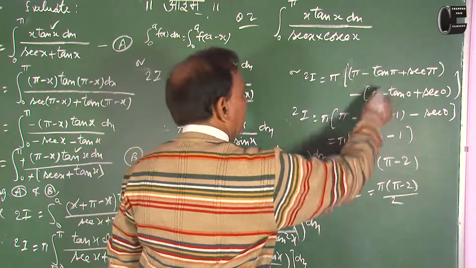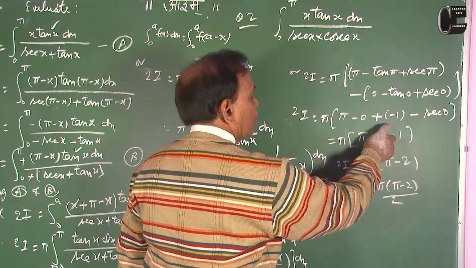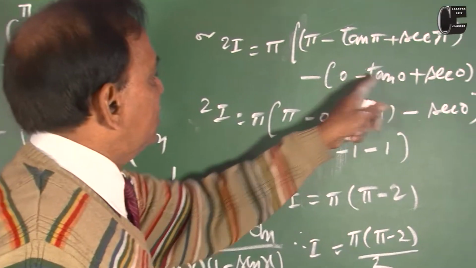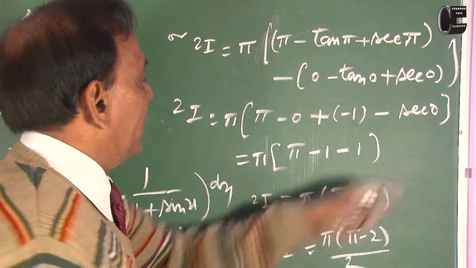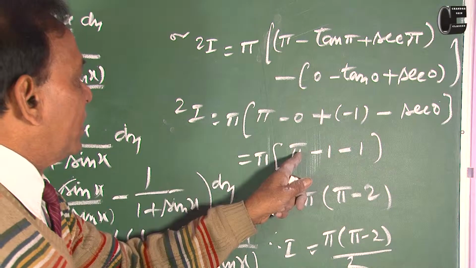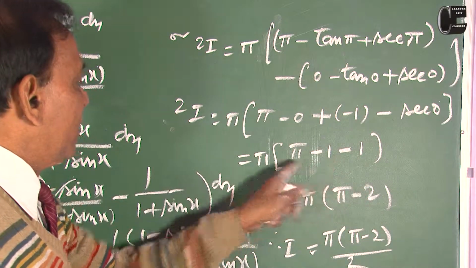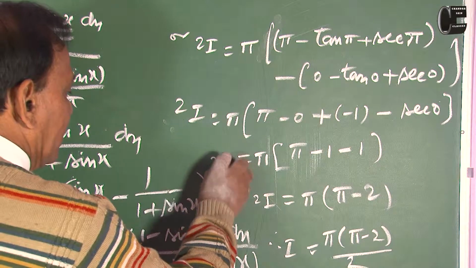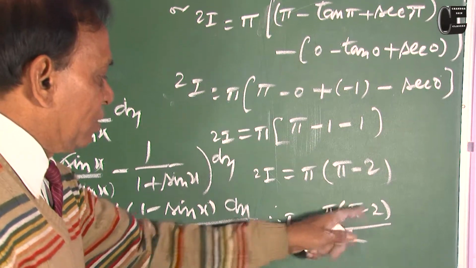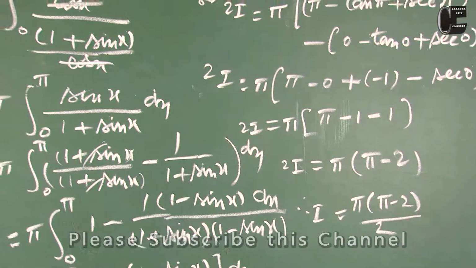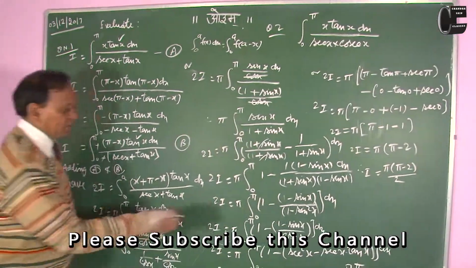We know that tan pi equal to 0, sec pi equal to minus 1, minus this is 0, this is 0, minus sec 0, and sec 0 equal to 1. Pi minus 1 and minus 1, pi minus 2, into pi. Therefore 2I equal to pi, therefore I will be pi into pi minus 2 divided by 2. Now we take the next question.